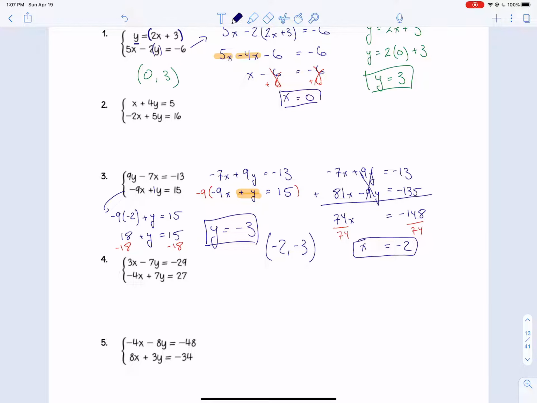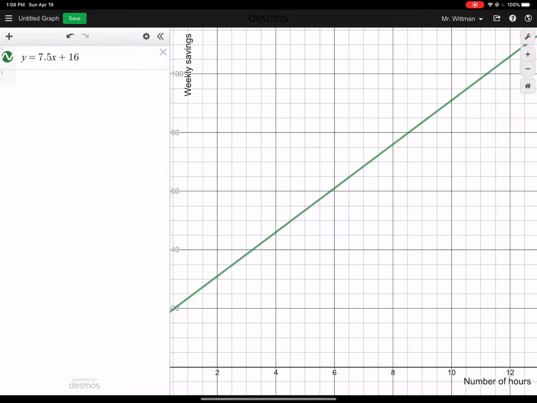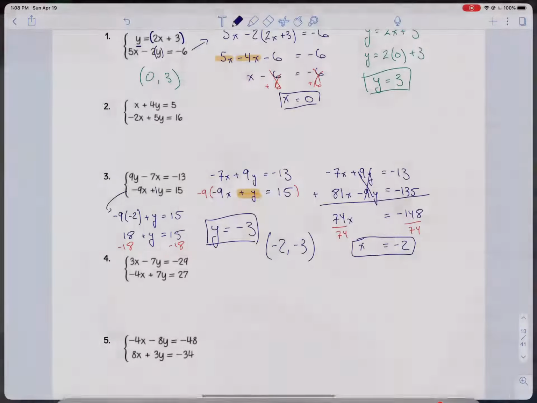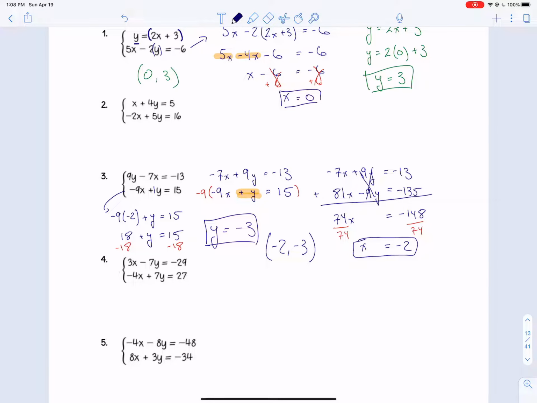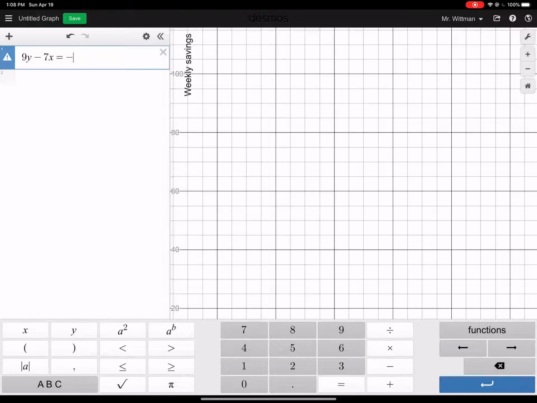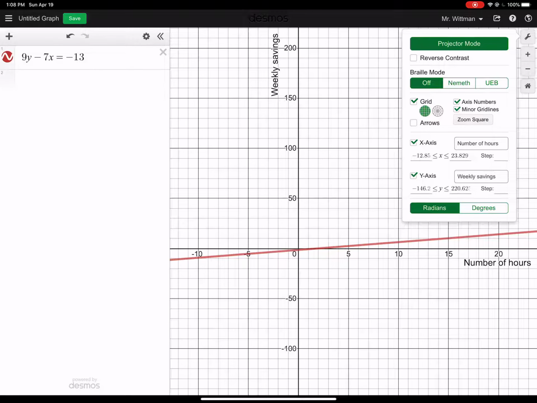So let's use Desmos. So we have 9y minus 7x. Type it in exactly as it is, 9y minus 7x equals negative 13. And remember, you can get this app for free, or you can just use it on a computer. Okay, let me clear this.